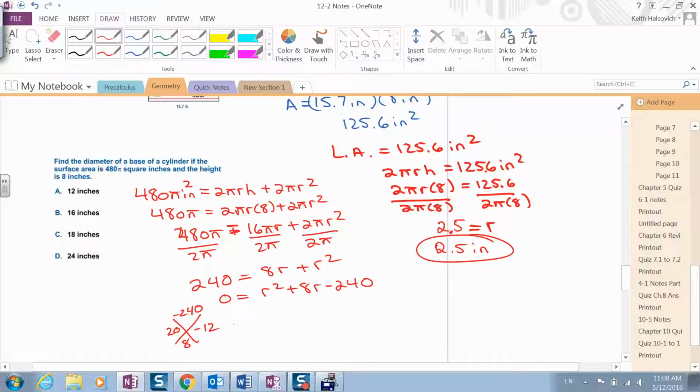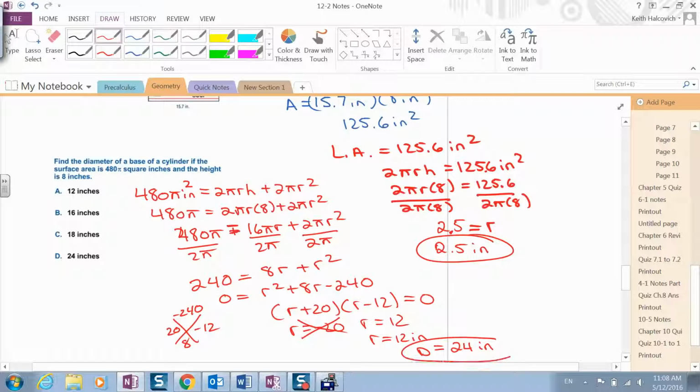And you can use your calculator to help you out with that. So you have r plus 20 and r minus 12 equals 0. So r equals negative 20, r equals 12. Remember, negative 20 can't be a radius, so the radius is equal to 12 inches, which means the diameter is equal to 24 inches. So it is D.